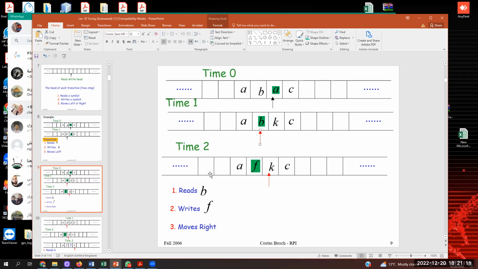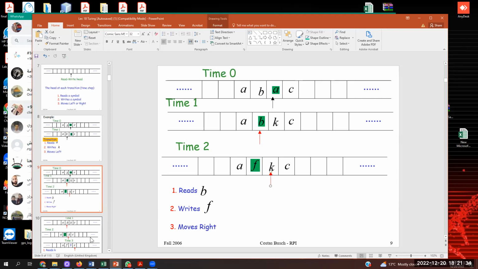Then I will say read B. I want to read B from this location here and write F instead. So I bring F from outside, I write the value F, and then I move to the right. So this pointer moves right here. So at time 2, this is my system here.